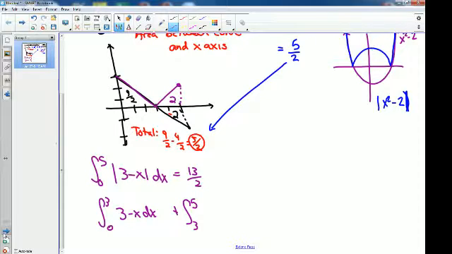How can I represent this as a function? Do I want to find the equation of that line? Not really. You can, but here's the easy way.